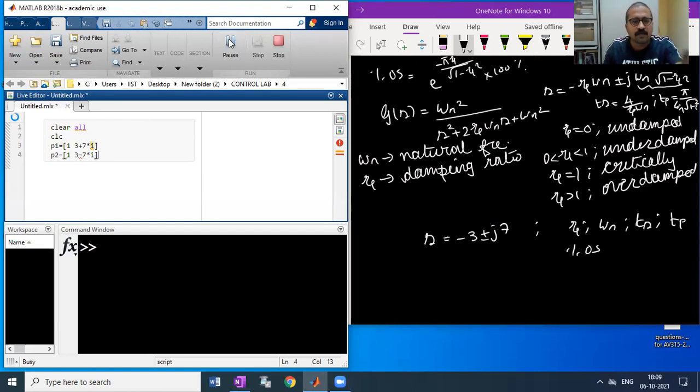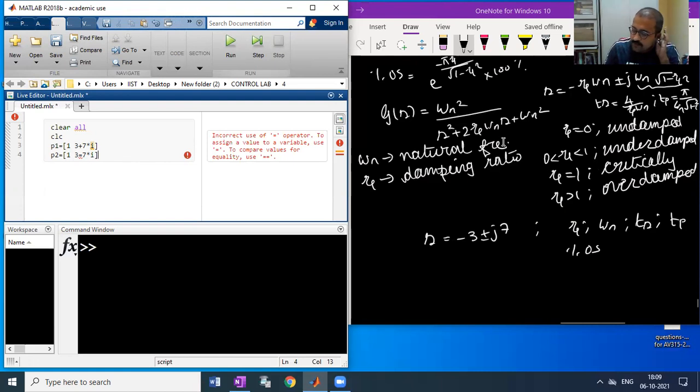Let it be. So if you run this, what happens? You get the value of P1 and the value of P2. P1 will be s plus 3 plus j7, and P2 will be s plus 3 minus j7. Oh, there is a mistake here. The minus.